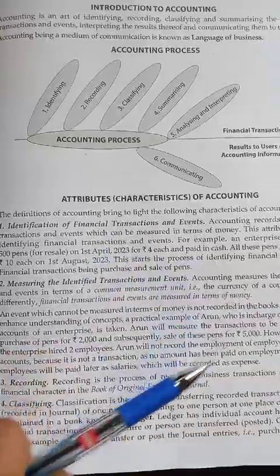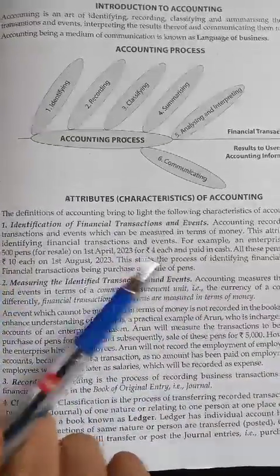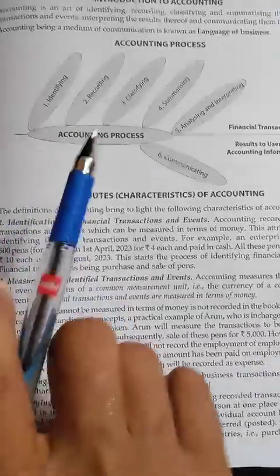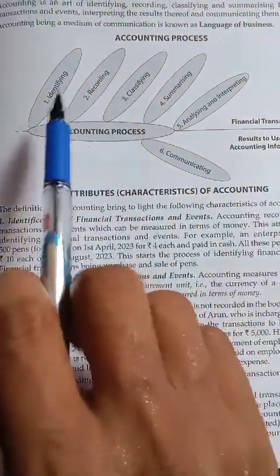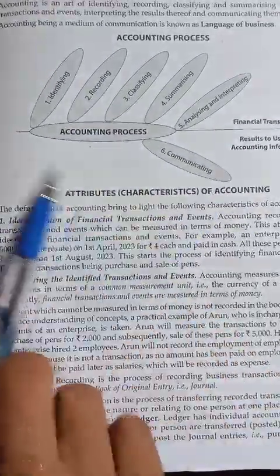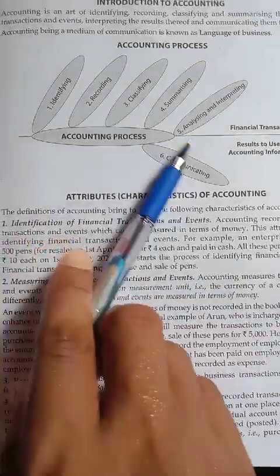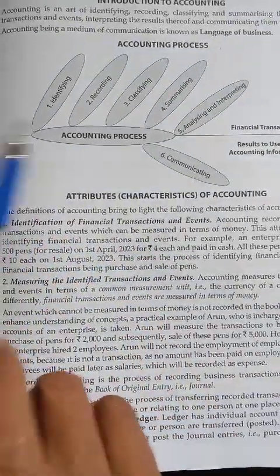And year after year these steps we have to follow, not for a single year. Next year we will not follow something different, but similar steps, from identification, recording, classifying. These steps we follow in each and every year, and these steps are considered the accounting cycle.